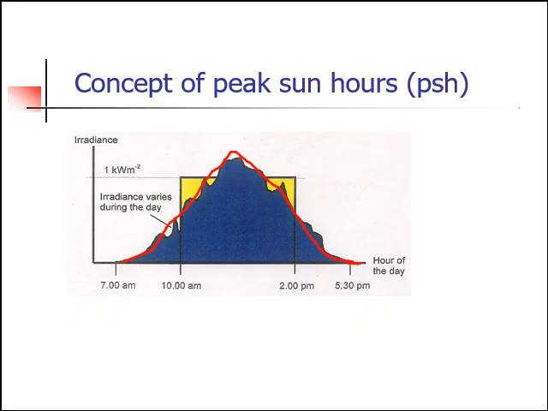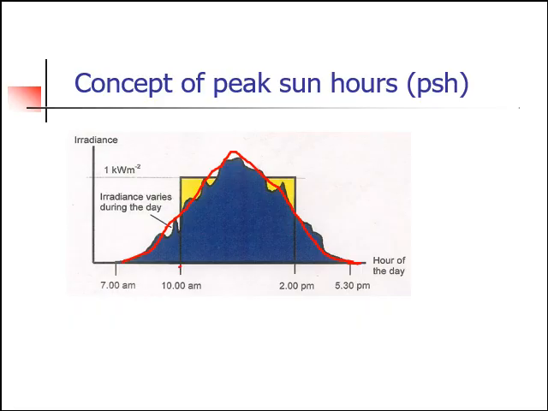So for example, if a location receives 5000 watt hour per meter square of solar energy in a day, we say it has 5 peak sun hours, because 5 kilowatt hour per meter square per day divided by 1 kilowatt per meter square. So PSH is basically the daily solar energy divided by 1000 watt per meter square.